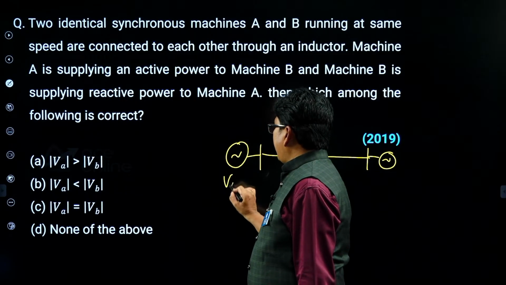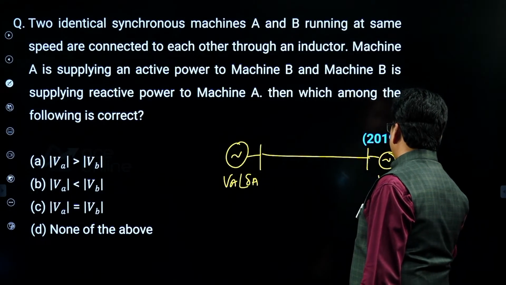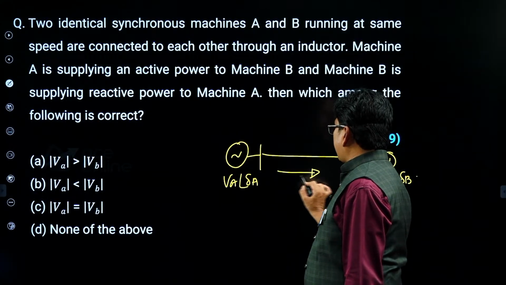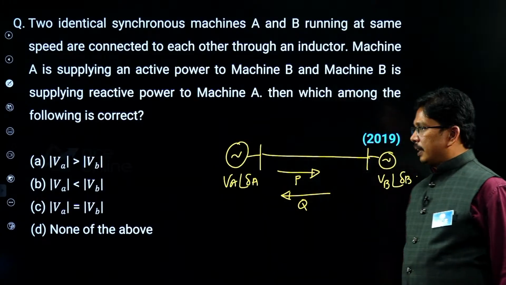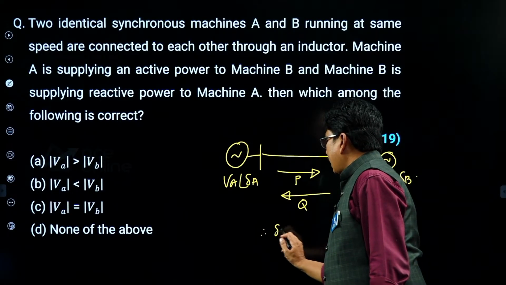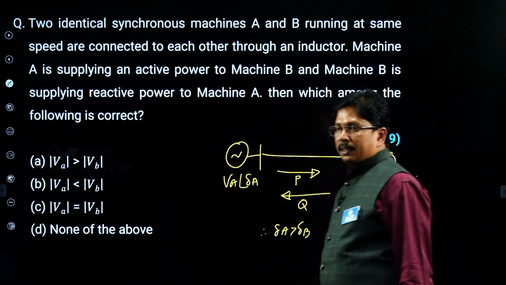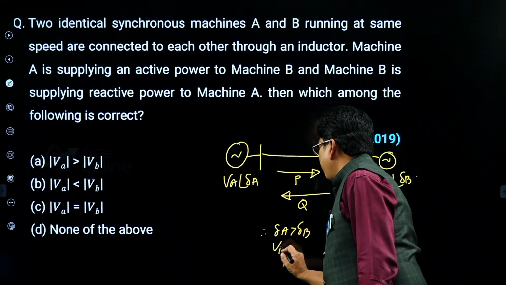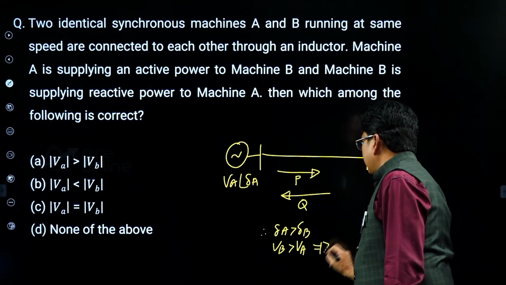Here it is VA at an angle of delta A. Here VB at an angle of delta B. They are saying that active power is flowing in this direction and reactive power is flowing in this direction. Active power flows from high delta to low delta. Therefore, delta A is greater than delta B. But the information is not about deltas, it is about voltage. Reactive power is flowing in this direction. Therefore, VB is greater than VA, or VA is less than VB.